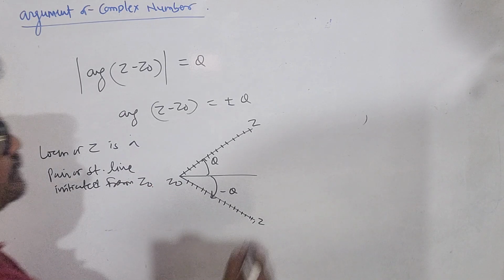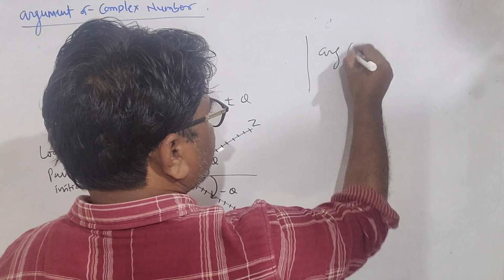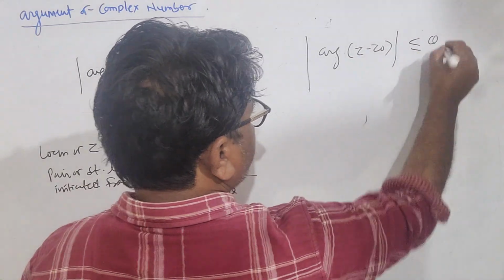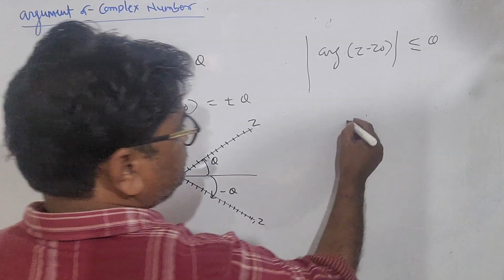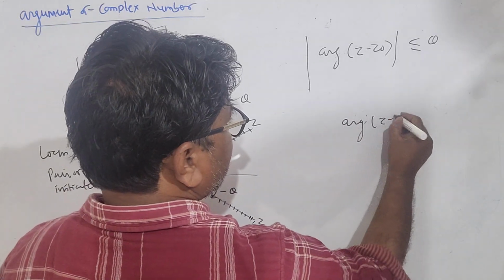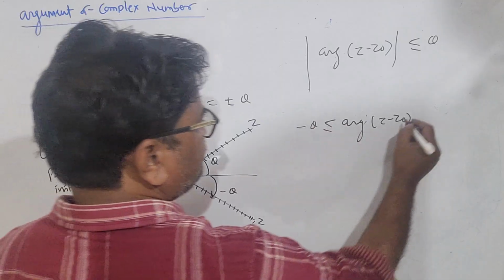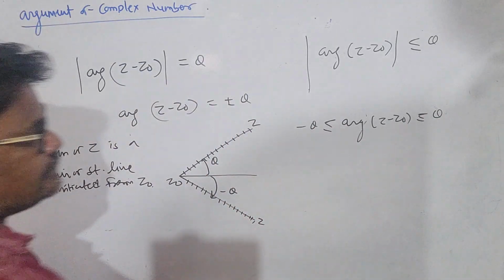And suppose that the modulus of the argument of z minus z naught is less than or equal to theta. Then the argument of z minus z naught is less than or equal to theta, lying between minus theta and plus theta. Got it?